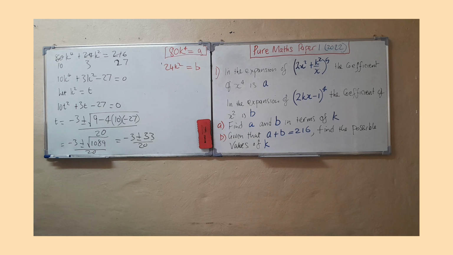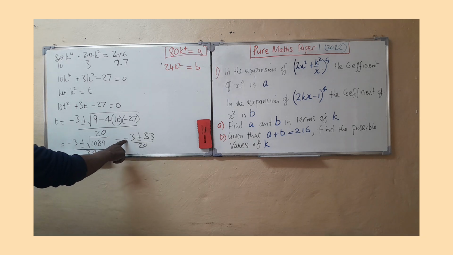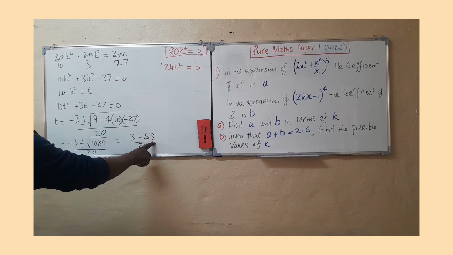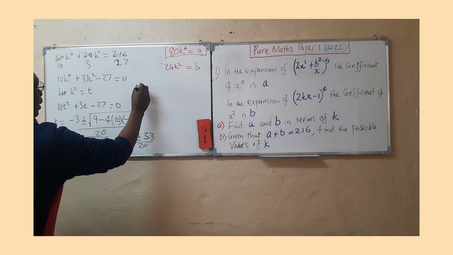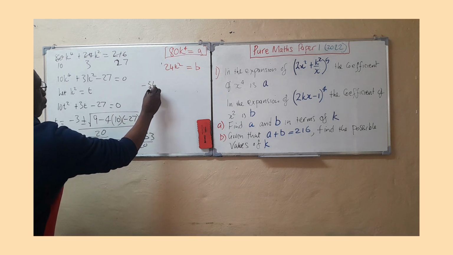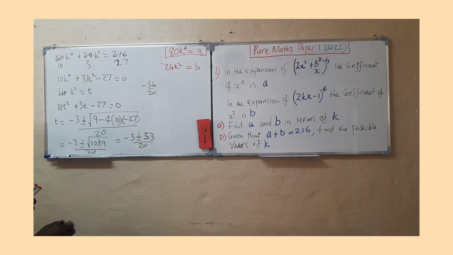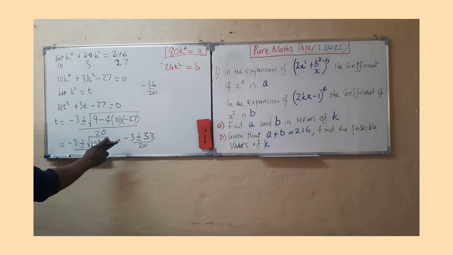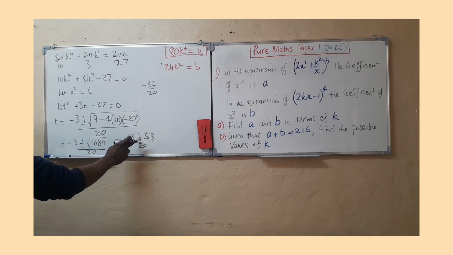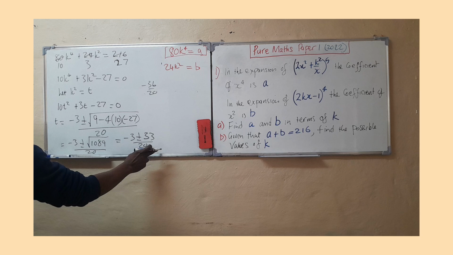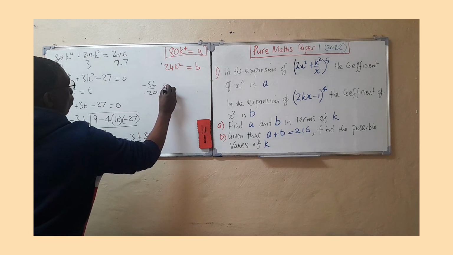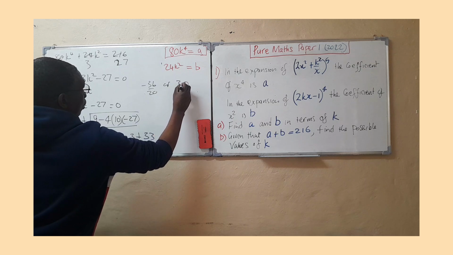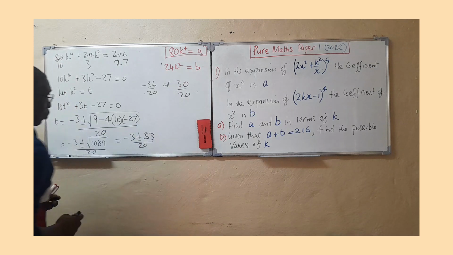So there are two possible answers there. Either minus 3 minus 33, which gives us minus 36 over 20, or minus 3 plus 33 over 20, which is 30 over 20.